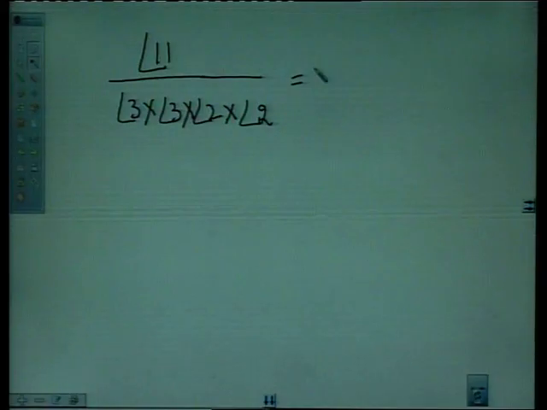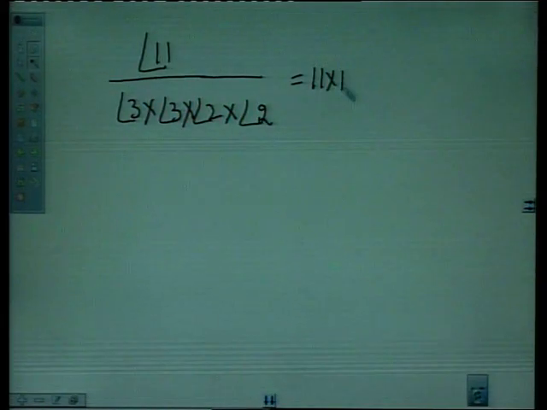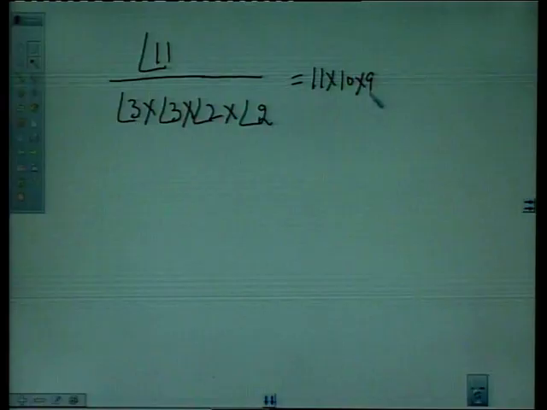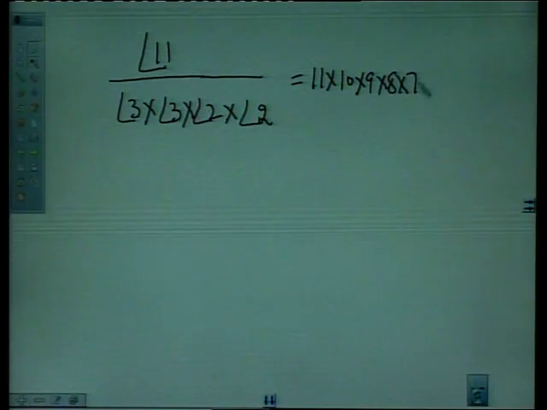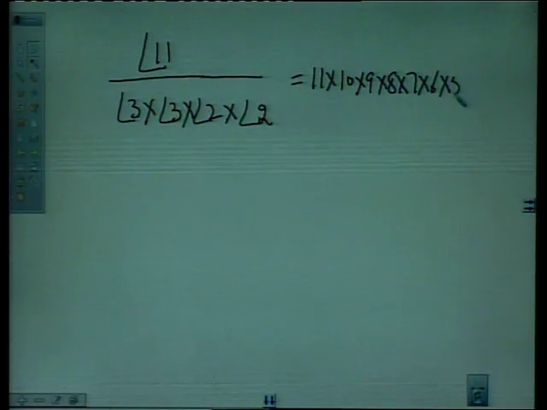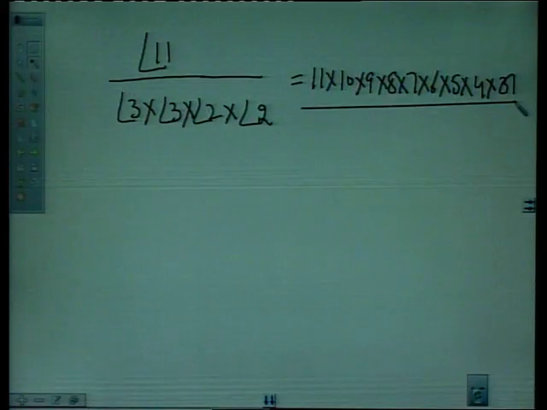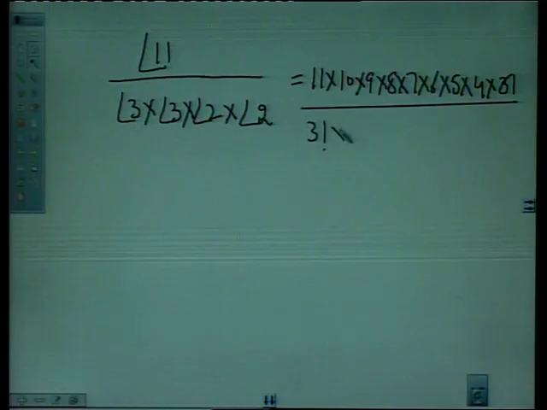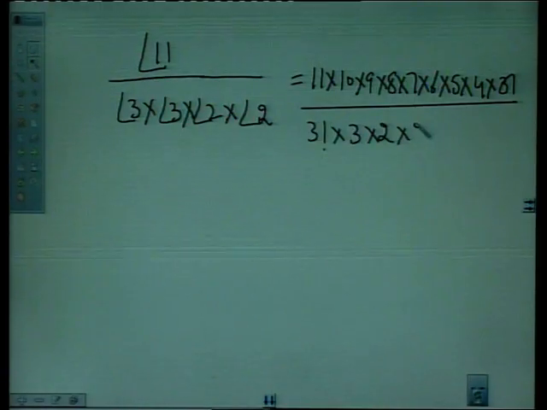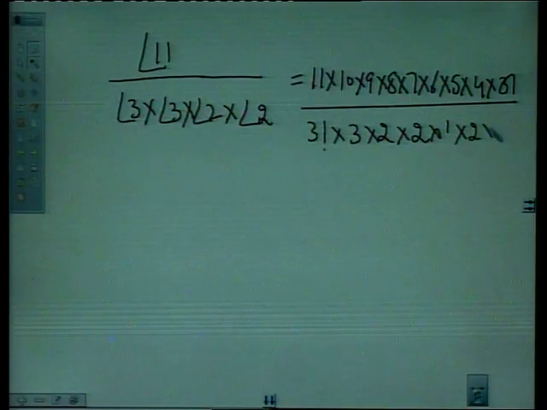We can write 11 factorial as 11 into 10 into 9, 8, 7, 6, 5, 4 and 3 factorial as such. In the denominator we have 3 factorial as such. Another 3 factorial can be written as 3 into 2. 2 factorial we know is 2 into 1. One more 2 factorial, that is 2 into 1.